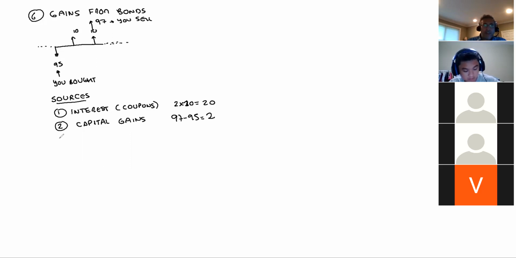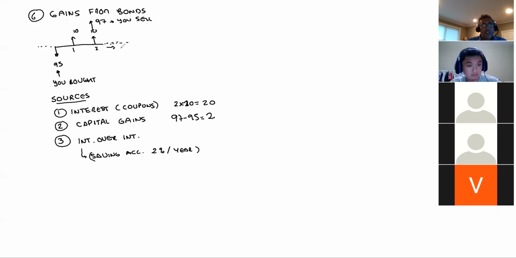And finally, guys, there is another source of income that is called interest over interest. For this one, let me assume that a savings account pays you, let's say, 2% per year. I'm just assuming this, okay? So let's assume that this is period 1, period 2, and these are years, just to make it easier for us.